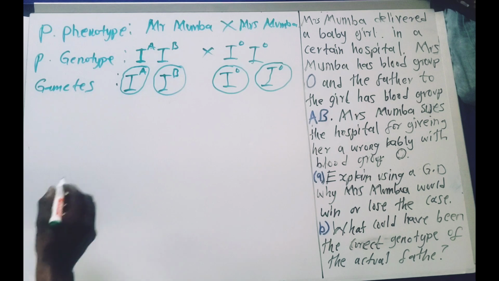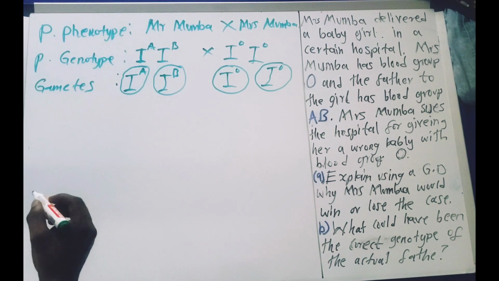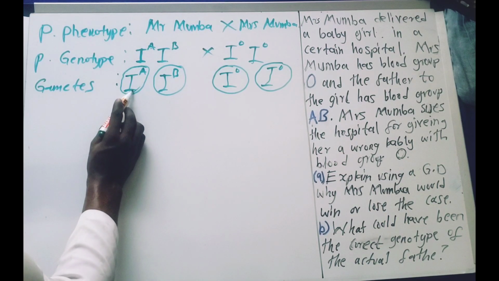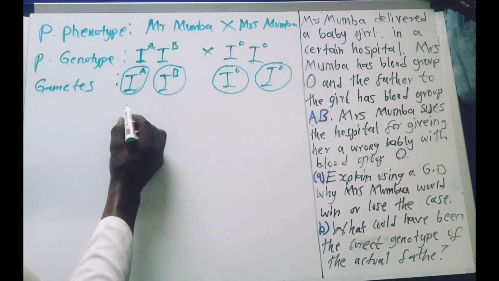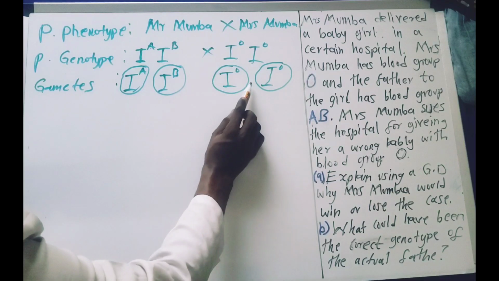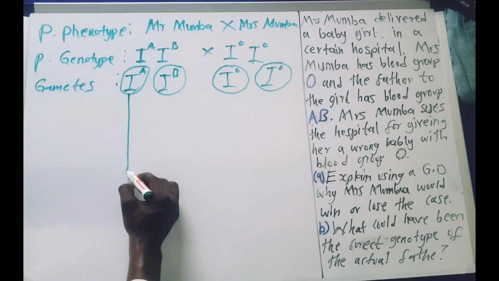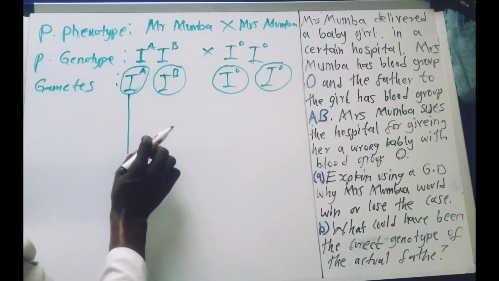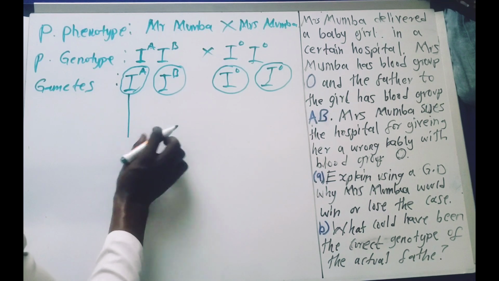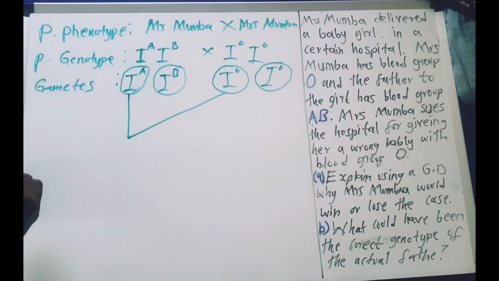From the gamete stage, we can start random fertilization, which is crossing. Now, how do we cross? You take the first letter, in this case I with A, and it crosses with this genotype, the first pair.